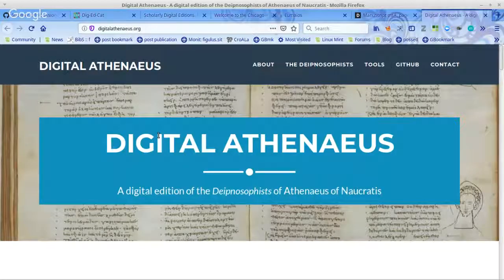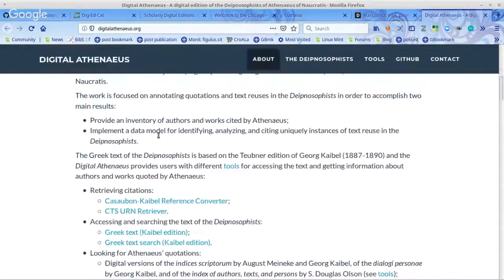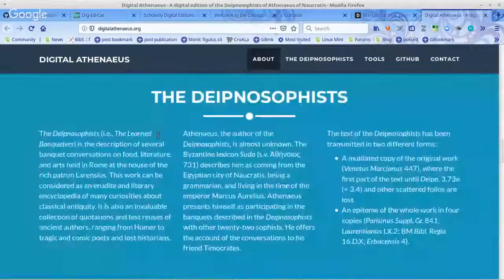While the Homer Multitext had to connect Homer's words with manuscript images and medieval comments, the Digital Athenaeus presents a text which is in itself already made of many texts, because sometime at the end of the 2nd century AD, Athenaeus of Naucratis pasted together many interesting snippets of older texts into a description of several, he says, learned conversations.